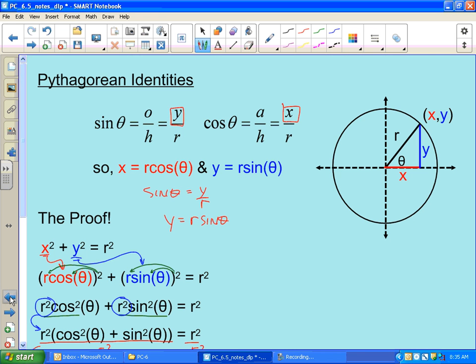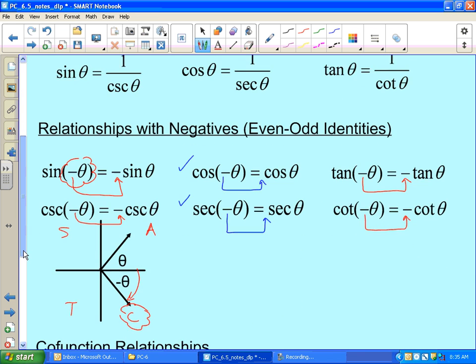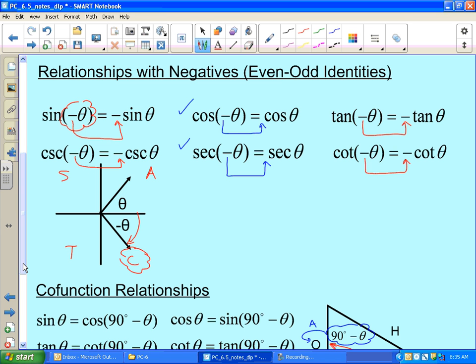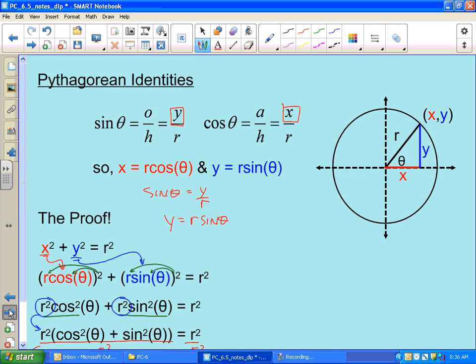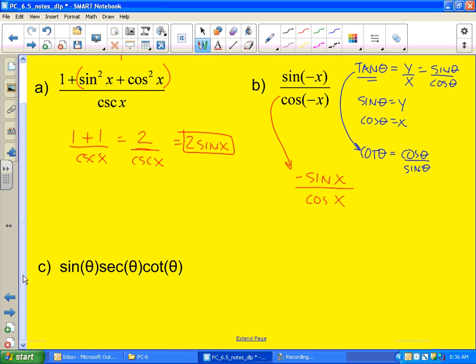Going back to these relationships with odds and evens involved, if I have negative sine x over cosine x, well, we know that a sine x over cosine x is a tangent, so this must be equivalent to a negative tan of x.